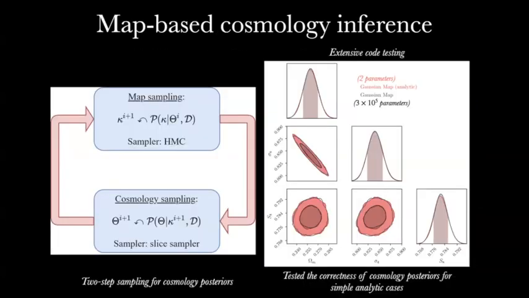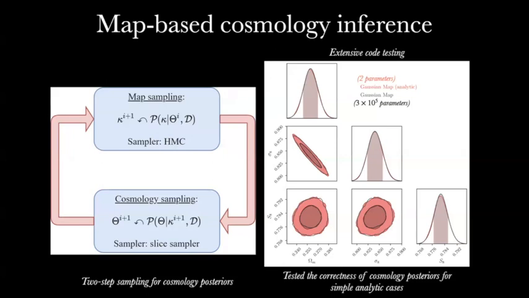Okay, so far I've not talked about cosmological inference at all, but it is easy to extend our field-based map sampling method to also sample cosmological parameters using a two-step sampling process, where in the first step, we sample the maps given the cosmological parameters, and in the second step, we sample cosmological parameters given the maps. And we showed that this process gives us the correct posterior for a simple analytical case where we can analytically marginalize out the maps.